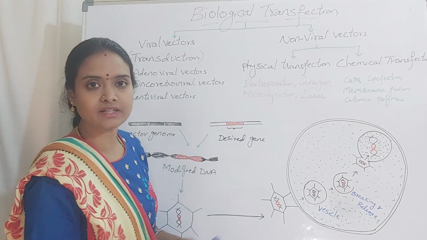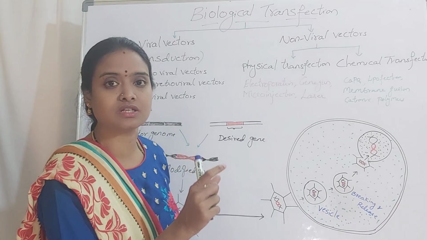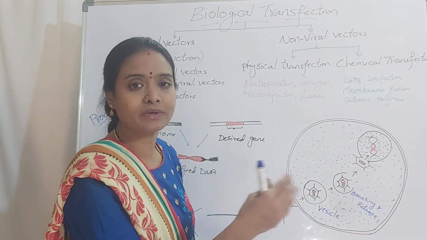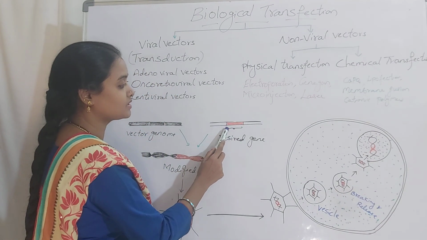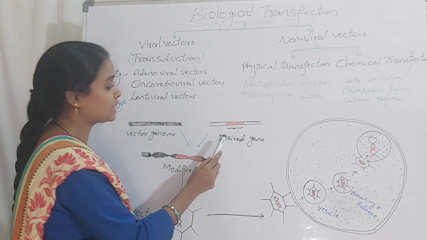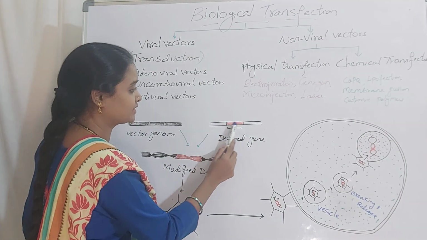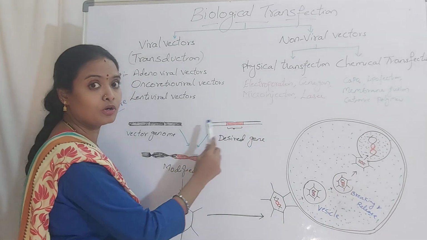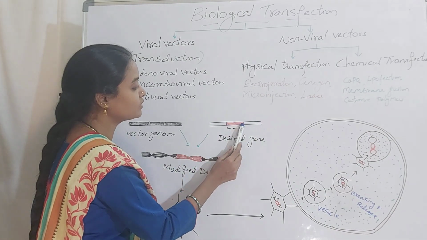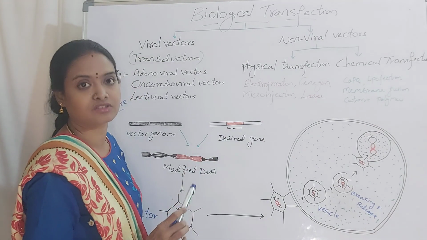From that animal you want one specific gene which has a superior character. Here the desired gene or characteristic gene which you have selected is this red color region. From the whole genome of that animal you want only this desired gene of interest.